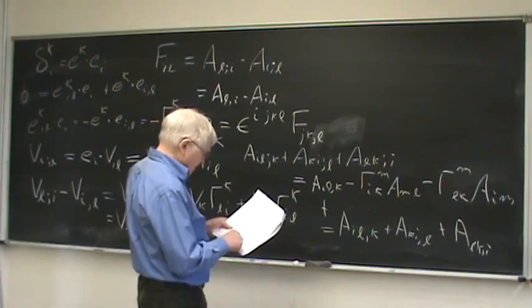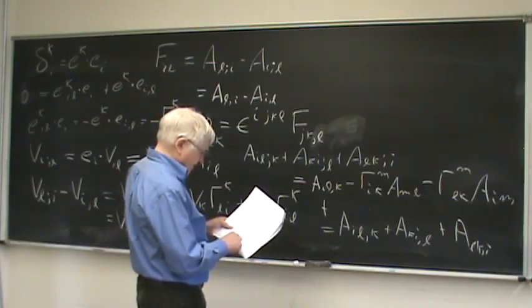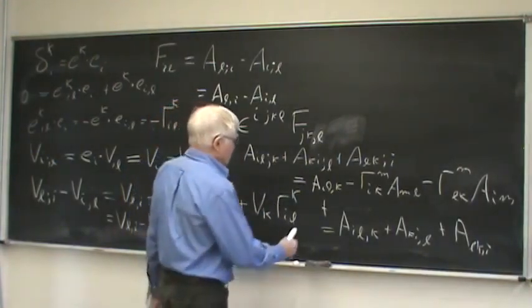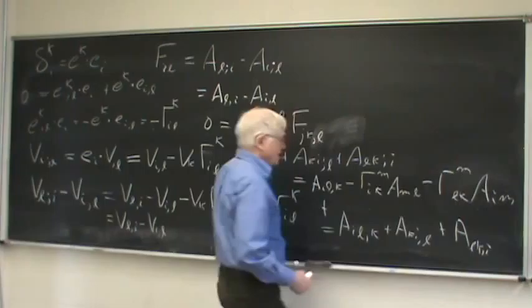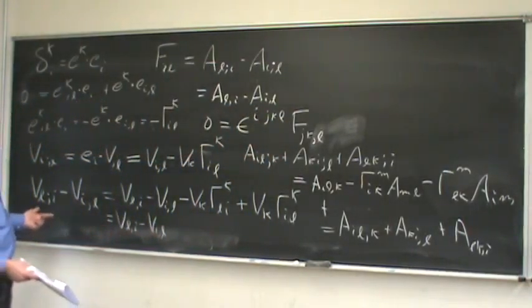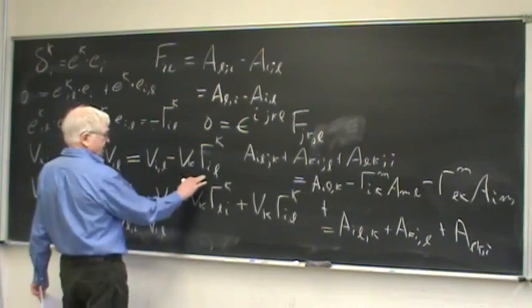how to compute the covariant derivative of a second-rank tensor, and what I used was this relation here, which is to say a generalization of this rule here.